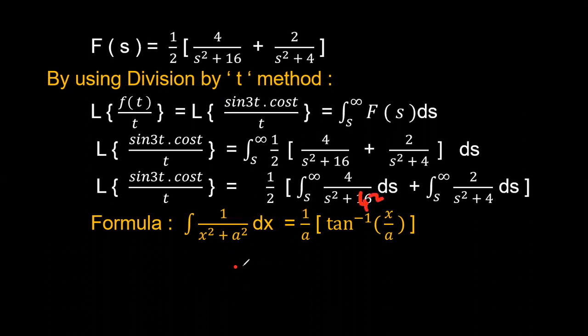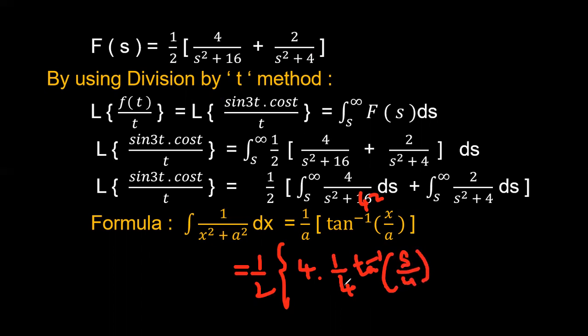What we will get here is 1 by 2 into, 4 will be taken outside. So what is the formula? 1 by a. What is the a value here? 4. So 1 by 4 into tan inverse of, in place of x we'll have s, s by a, where a is 4. So this 4 will get cancelled. Finally you get tan inverse of s by 4 plus, take this 2 outside into, here also s square plus 2 square.